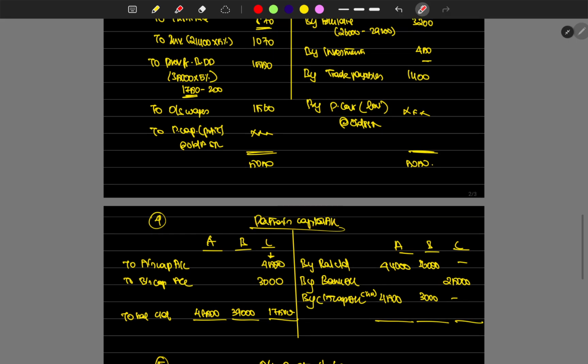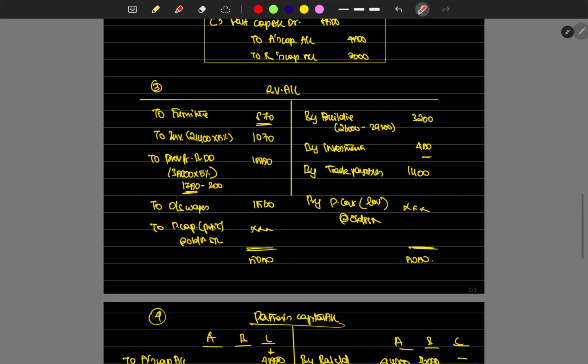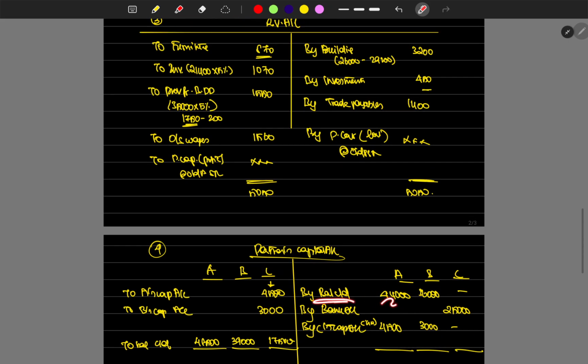So we have done the revaluation. Then partners' capital account is opened. Partners' capital account always starts with the capital balance of partners, which is the old partners' capital balance, and then if there are any reserves they have to be transferred to A and B. There are no reserves in this problem. If there is any revaluation balance, it has to come here.